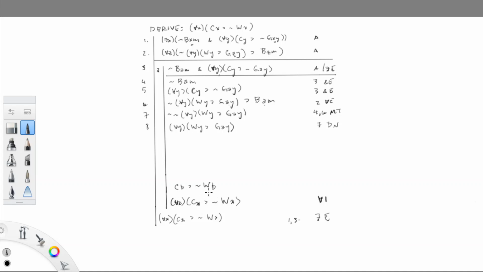So what I want you to do is go ahead and hit pause and see how close you can get to this conditional just by paying attention to lines 5 and 8. All of the other lines of our proof can just fade into the background for now. So don't look at lines 1, 2, 3, 4, 6, or 7 anymore. Focus in on 5 and 8 and see how close you can get to this conditional. Go ahead and hit pause and resume when you're ready.